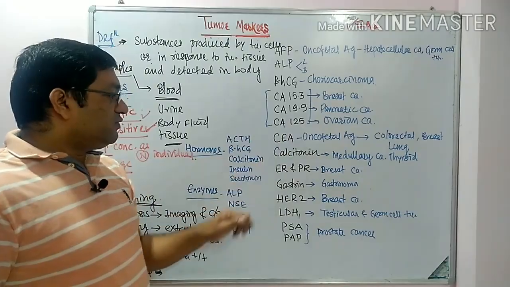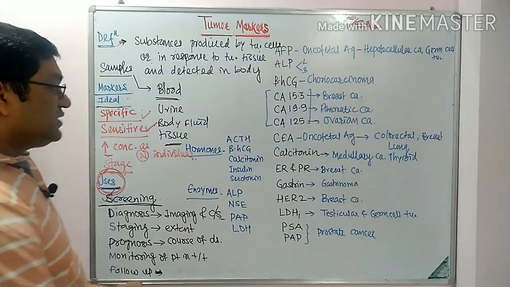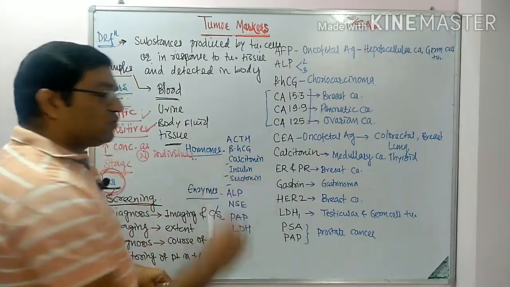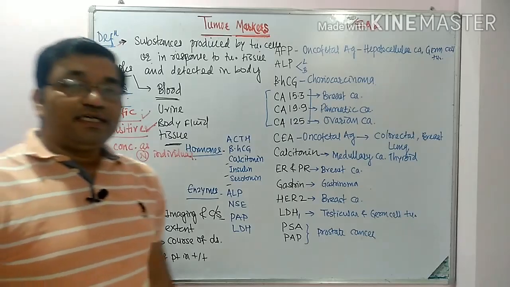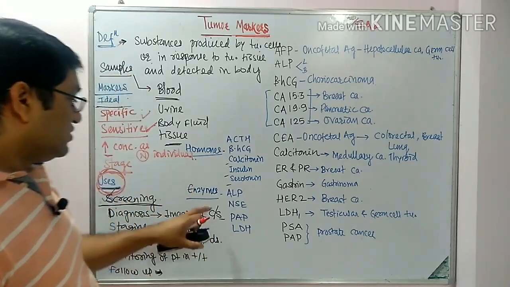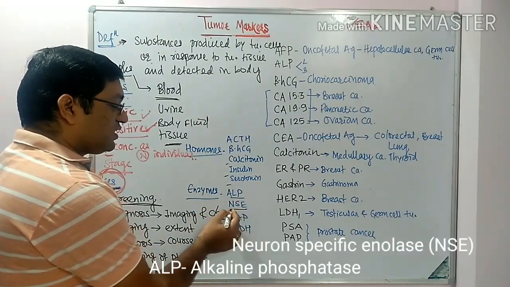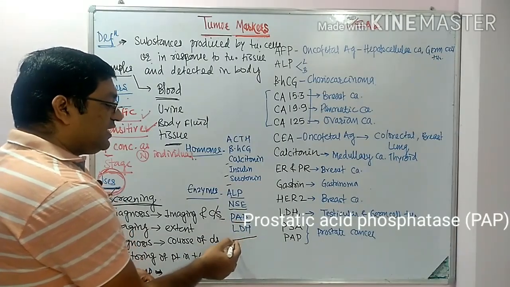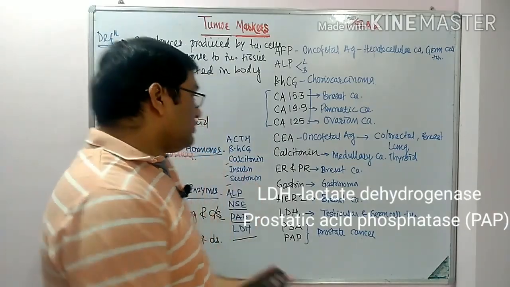Then various hormones are there, for example ACTH, HCG, calcitonin, insulin, serotonin. These are the hormones which are useful in the detection of various cancers. Various enzymes, for example alkaline phosphatase, neuron specific enolase, prostatic acid phosphatase and LDH can be useful in detection of cancer. So we'll see one by one.